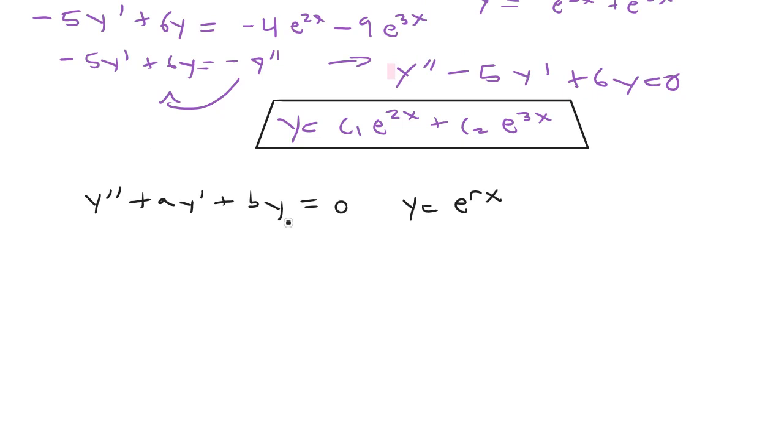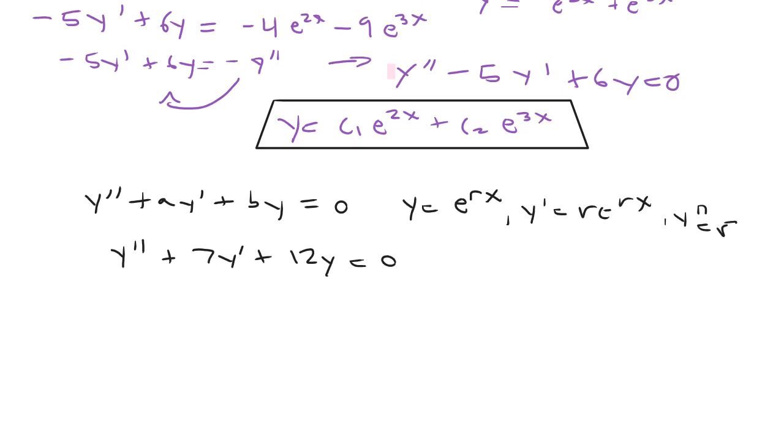Take for example y double prime plus 7y prime plus 12y equals 0. So we take the derivative of y equals e^(rx), which is re^(rx). But we take the second derivative, and we find that y double prime equals r squared e^(rx).